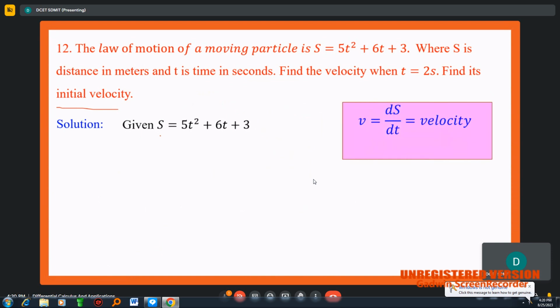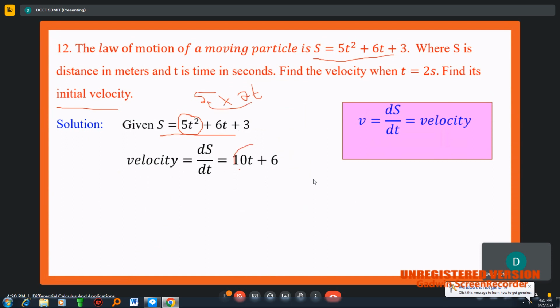s = 5t^2 + 6t + 3. Now we differentiate this with respect to t. The velocity ds/dt equals the differentiation of 5t^2: 5 is a constant, the differentiation of t^2 is 2t, and 5 into 2 is 10t.